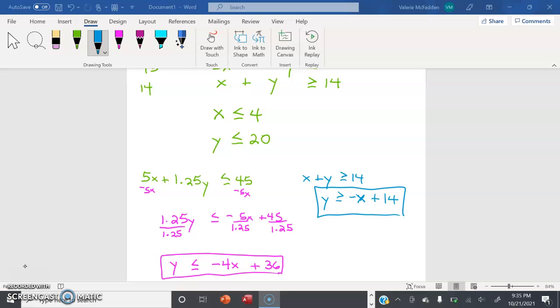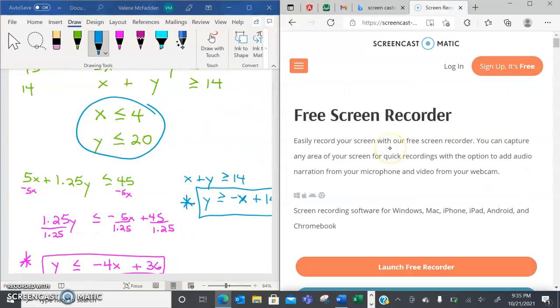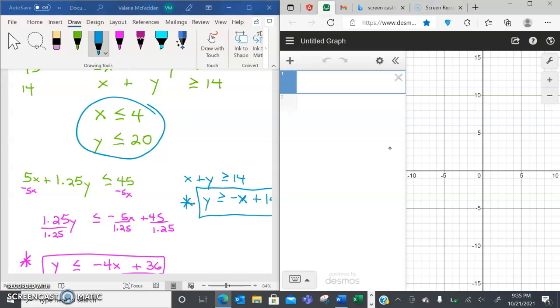Okay, I solved both of them and put them both in y equals mx plus b form so that we could graph here and here. And these are the other two up here. I'm going to go to Desmos just for the ease of graphing these.